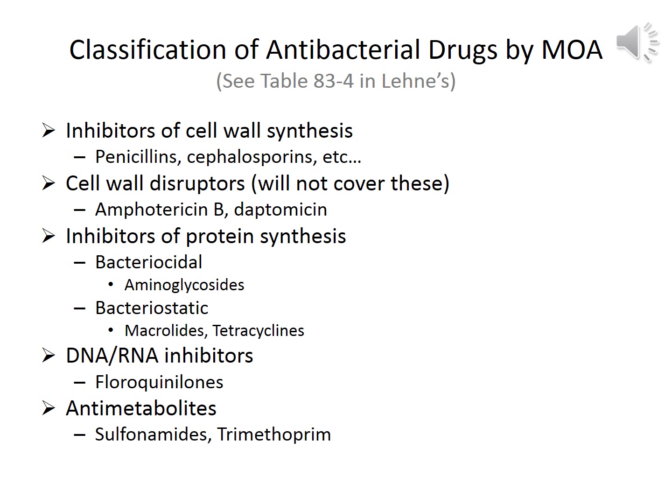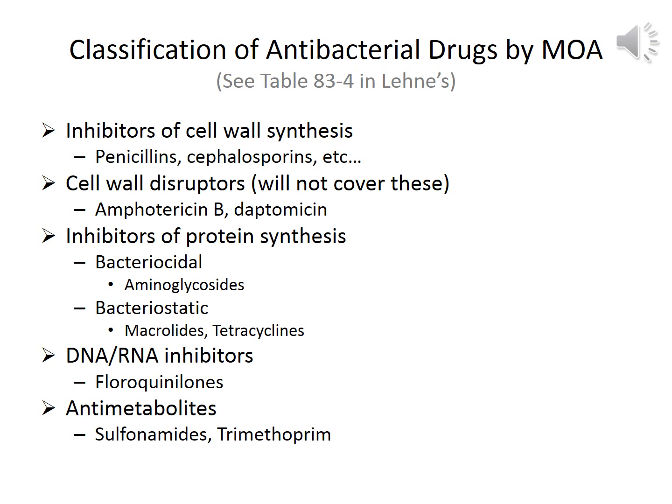A very common category is inhibitors of protein synthesis, and there are different mechanisms by which these antibiotics inhibit protein synthesis. Going back to the first two categories, the inhibitors of cell wall synthesis and cell wall disruptors are definitely bactericidal. They're going to kill the organism.